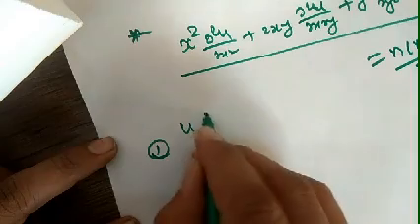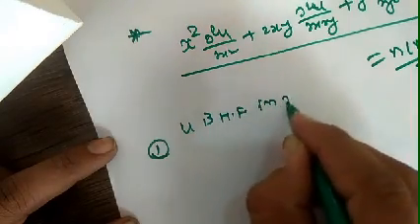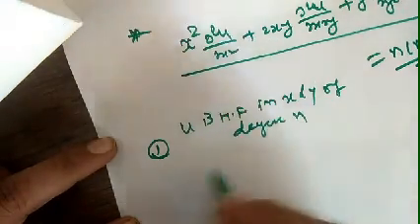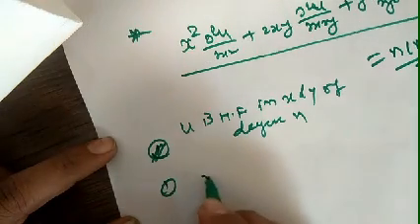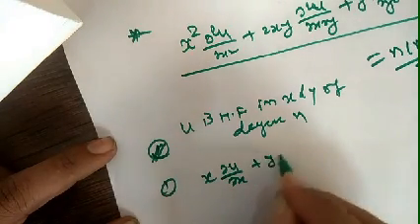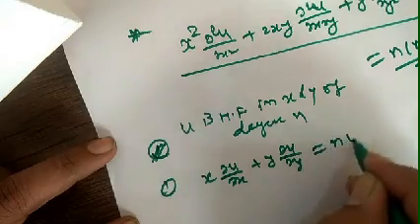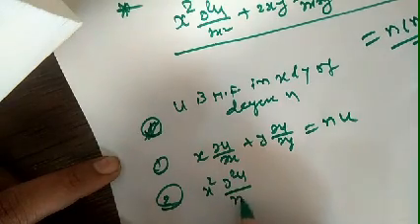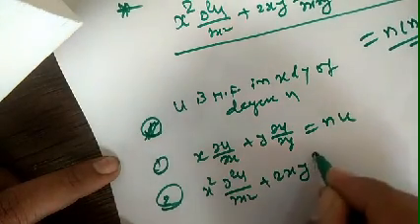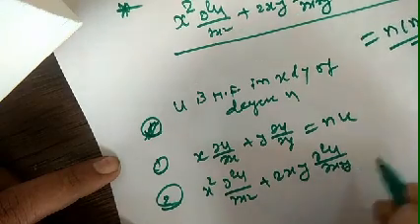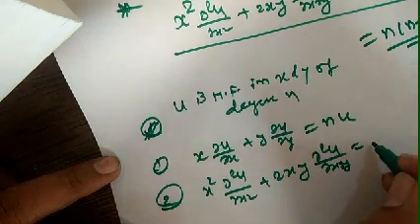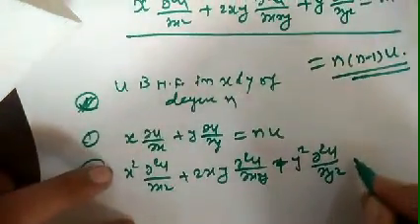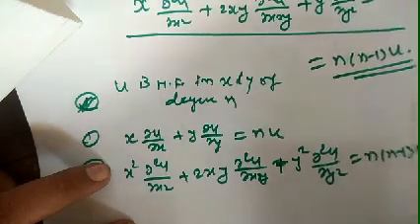If u is a homogeneous function in x and y of degree n, then x into del u by del x plus y into del u by del y is equal to n u. And the second order is x square into del 2 u by del x2 plus 2xy del 2 u by del x del y plus y square into del 2 u by del y2 is equal to n into n minus 1 into u.